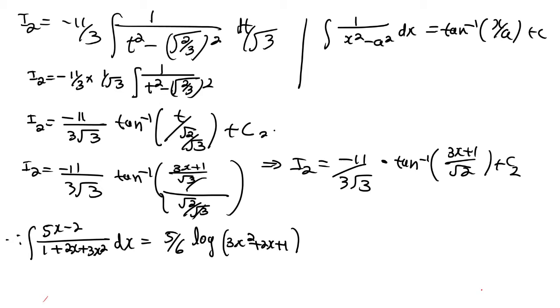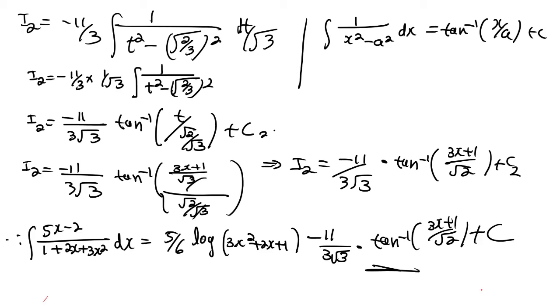I2 value is equal to minus 11 divided by 3 root 2, 3 root 3 into tan inverse of (3x plus 1) divided by root 2, plus c1 plus c2. I am combining and taking it as c.